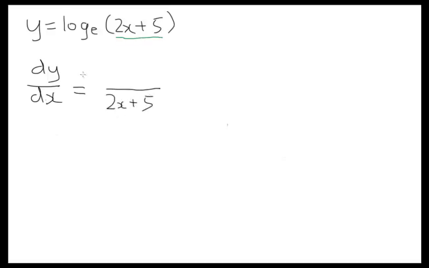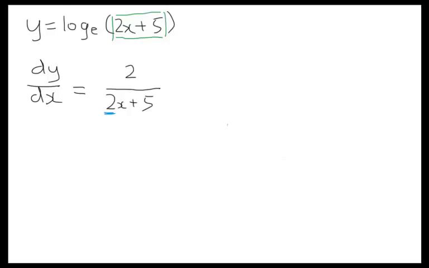The denominator from our log expression comes from the bracket. And then at the numerator, we simply put the derivative of that bracket, which in this case is simply going to be 2. It's the value in front of the x when we have a straight line, and that will be our answer. We don't have to use the chain rule if we know something like this.